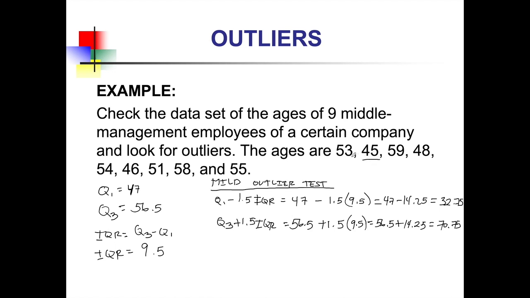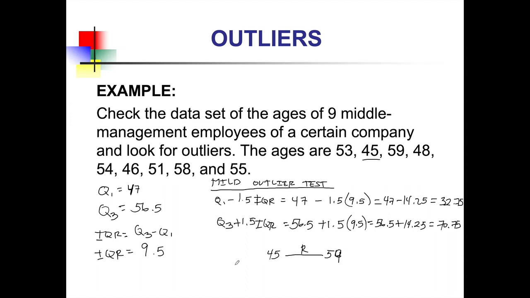Let's check if there is still lower than 45. None. So, this is the lowest number, the minimum. The maximum, the highest number, is 59. This is their range.